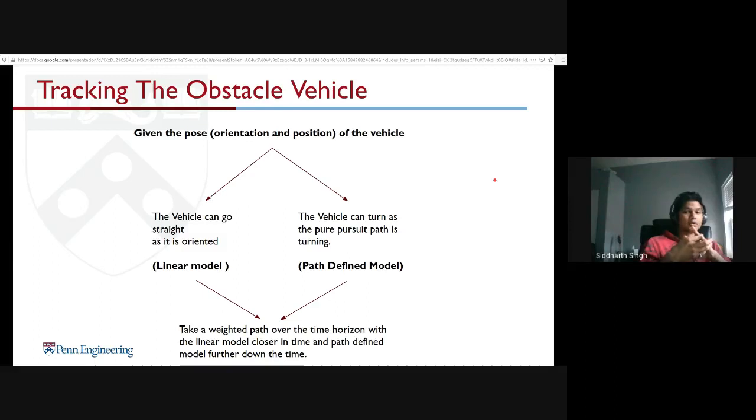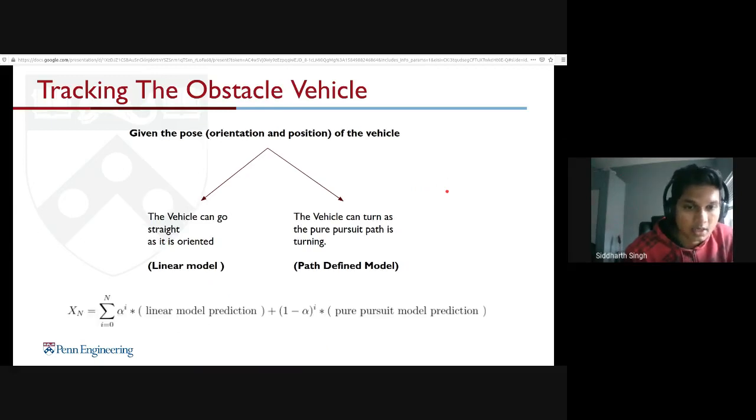Right. So having this intuition, we can actually formulate this in the form of an equation, right? So having a weight alpha, with this weight alpha, I'm going to have an exponential component to it, and I'm going to weight this in a way that it is alpha times the linear model prediction plus 1 minus alpha times the pure pursuit model prediction, right?